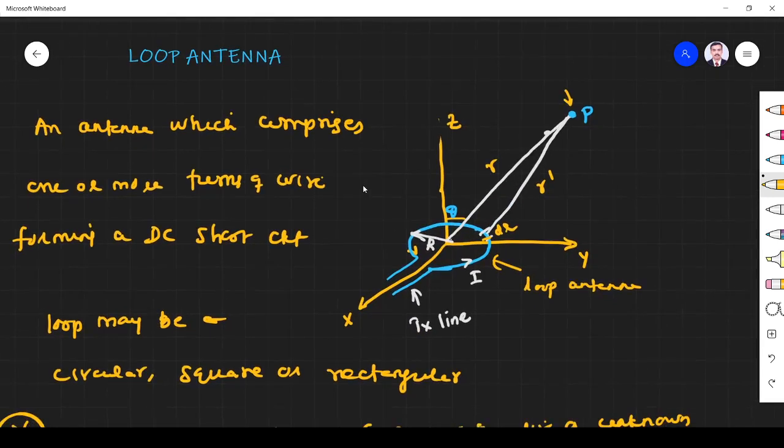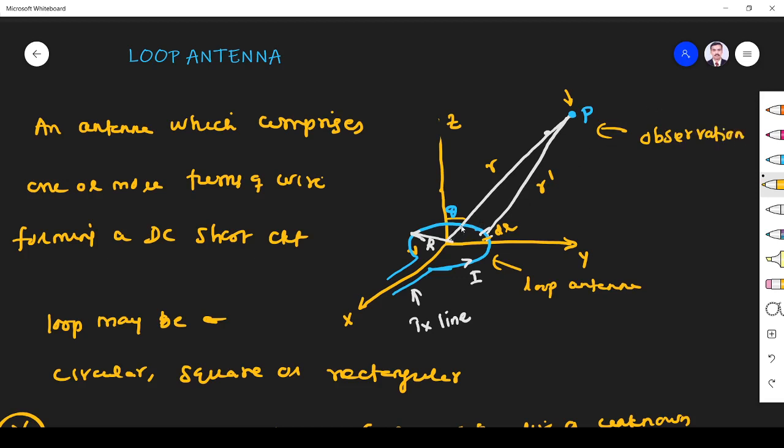Here I have used a circular loop antenna. The blue color is the loop antenna that is kept at the origin, and the radius of the loop is capital R. P is the observation point where radiation from the loop antenna must be observed.